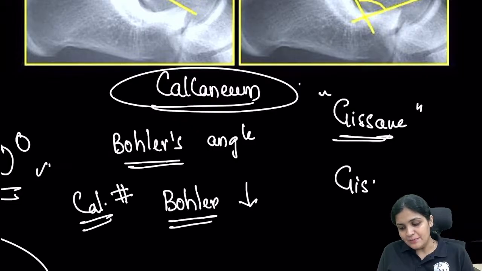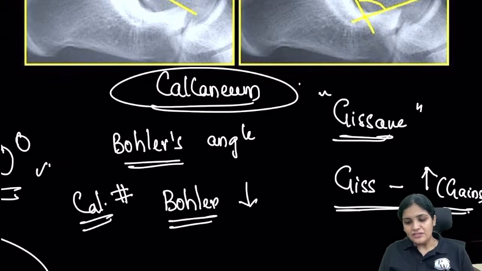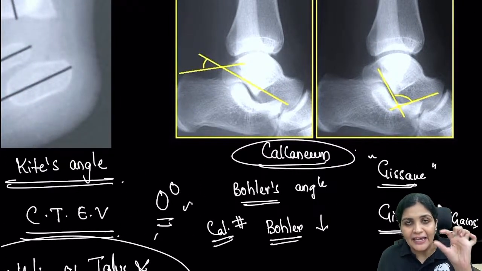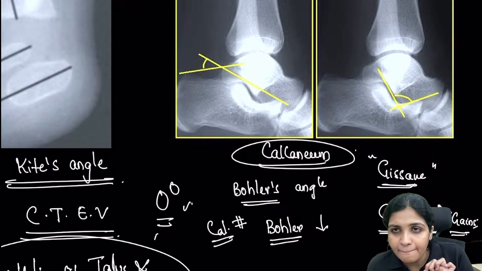Gissane gains. That means Gissane increases. Remember, Gissane gains. In case of calcaneum fractures, if Bohler angle decreases, Gissane angle will increase. Okay? Clear?